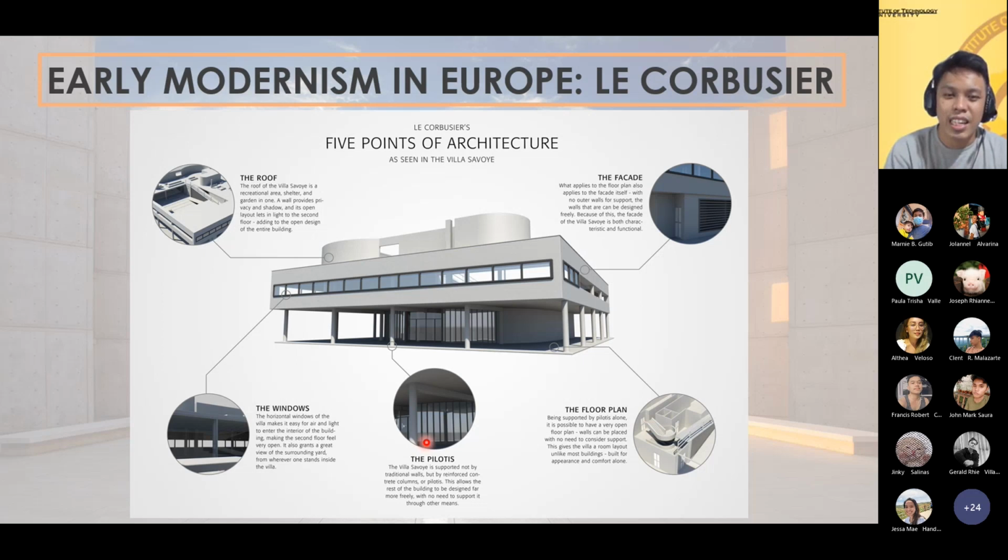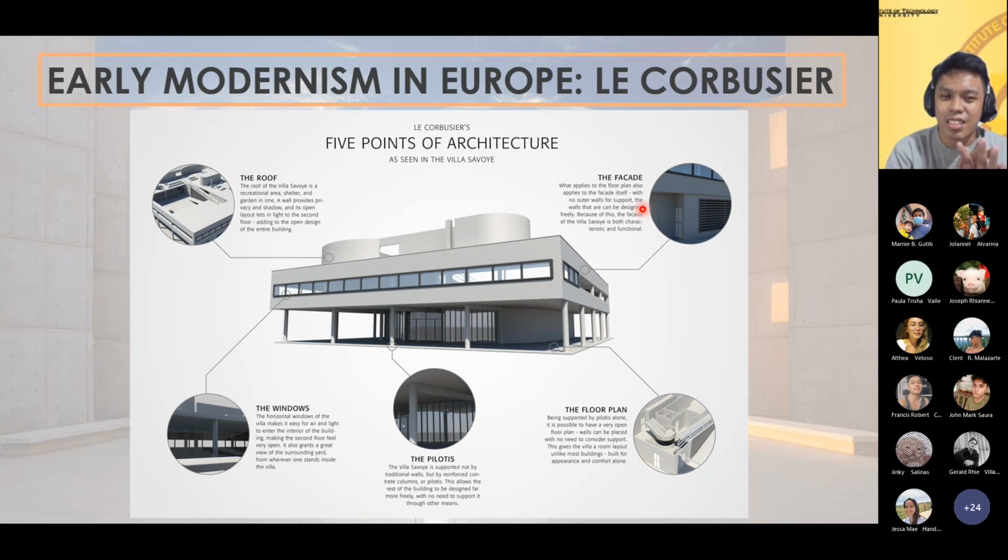You design it with pilotis, which means on stilts, like in Filipino architecture where houses are on stilts. That's the pilotis. And you have the ribbon windows. So you have the flat roof, and the free facade, where you can see a certain part that becomes the focal point of the building.